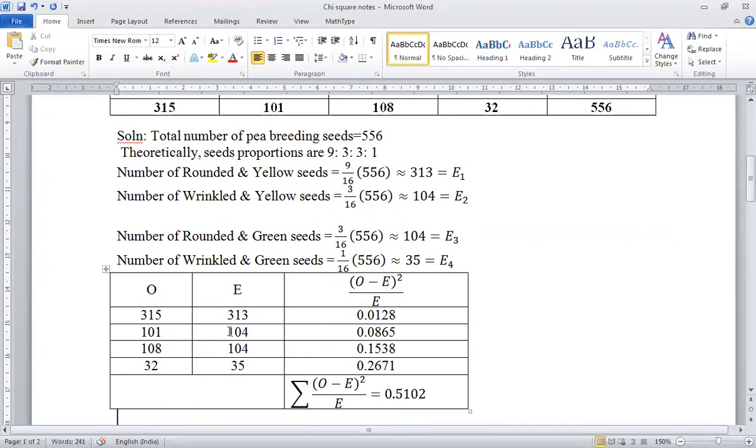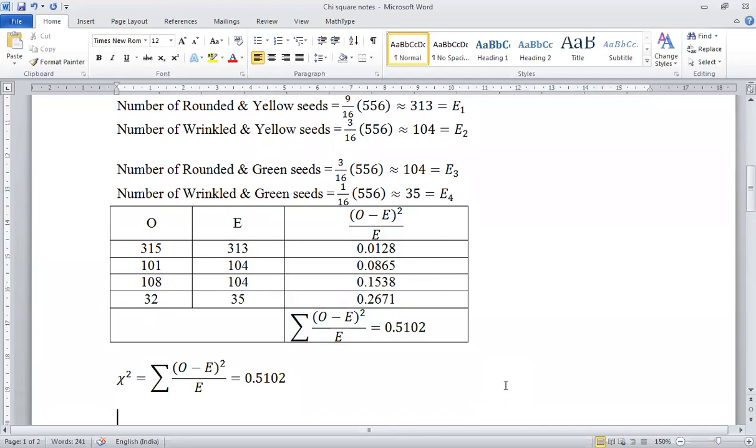Repeat the same procedure for the other sets of frequencies and then finally add all the values in the last column. So we get summation of (O minus E) the whole square divided by E as 0.5102. Now this summation is nothing but chi-square. So we got the value of chi-square as 0.5102.